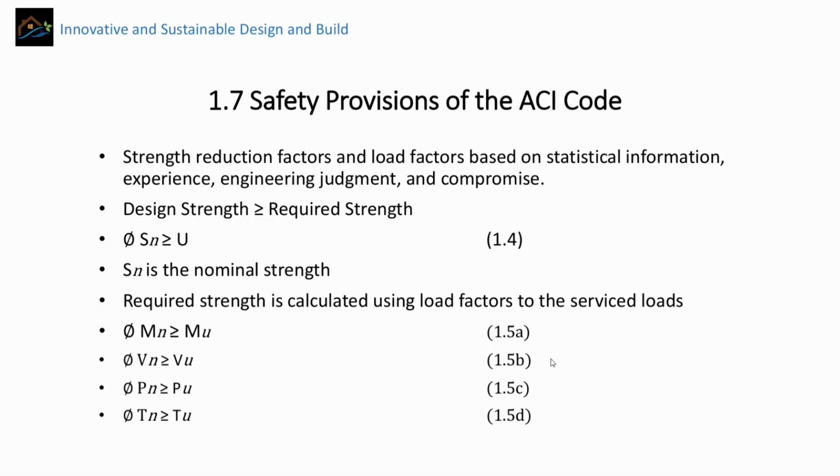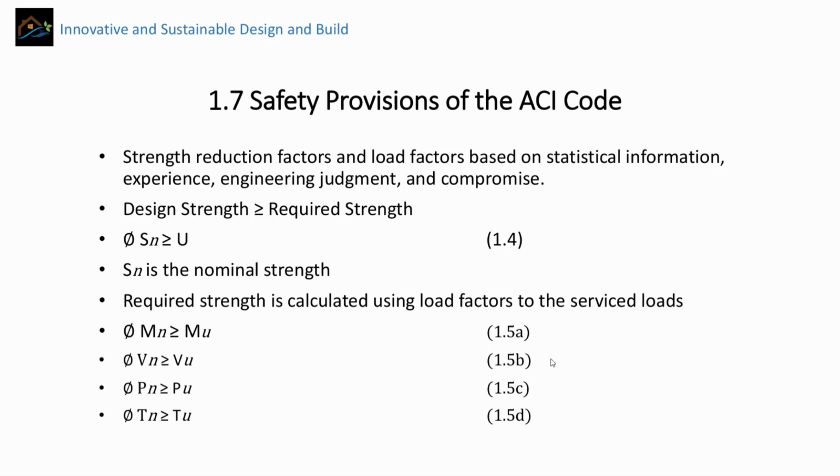So we first calculate the design strength and the required strength, and then select the materials, sections, and elements in order to meet the required strength. And this here is the nominal strength for each element. And the required strength is calculated by applying load factors to the service loads.